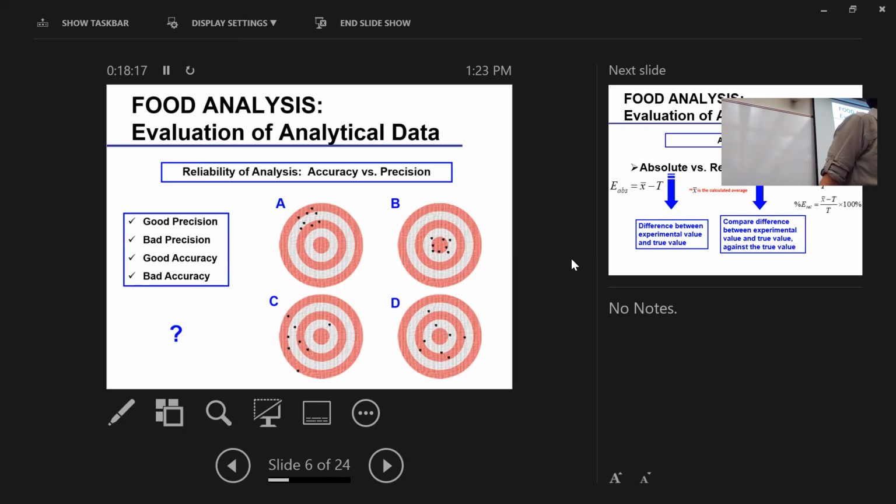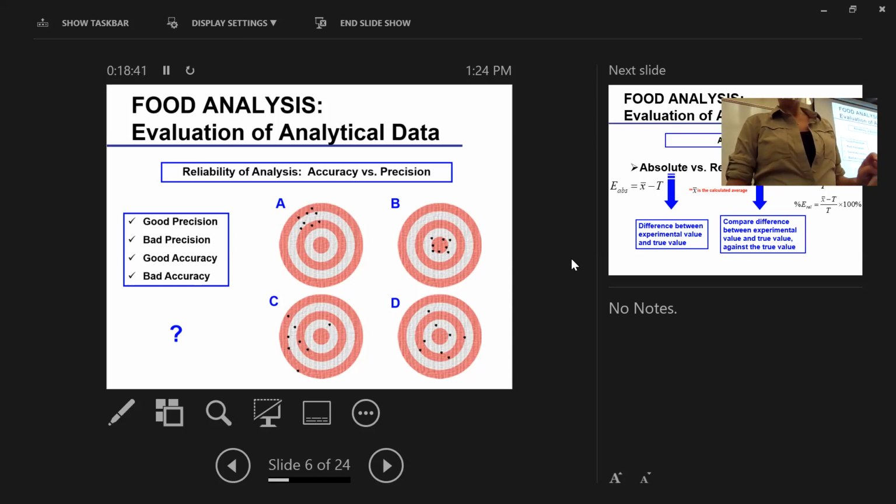I think that one was, you know, from just eyeballing it, if you take the average of that, it might be close to the value, because you have some that are really close. So you might have good accuracy, but your precision is really all over the place in this one.